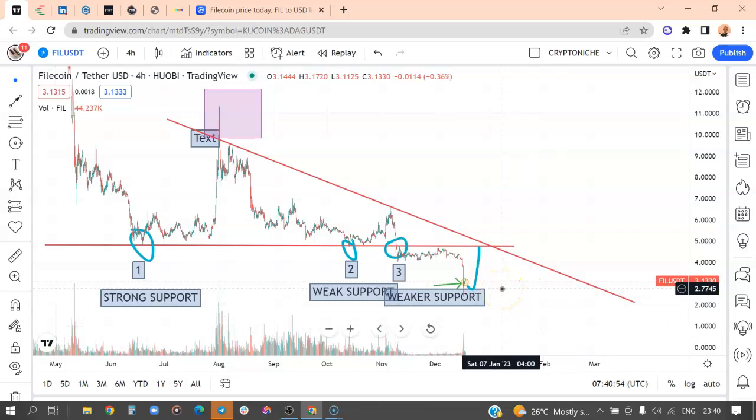Like they say in crypto, the trend is your friend. Never try to go against the trend, because the trend is always your friend.